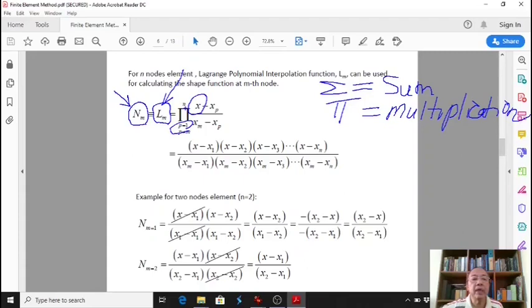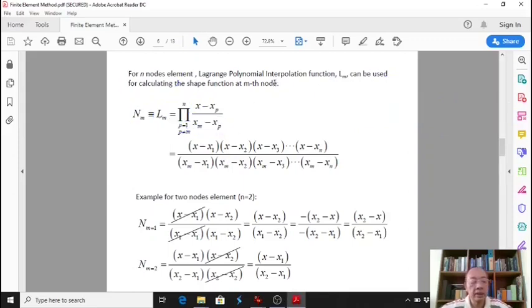N refers to the number of nodes, the total number of nodes. So this formula is like this: x minus xp, where p varies from 1 to n, divided by xm minus xp, where m refers to the node. So p is an index.